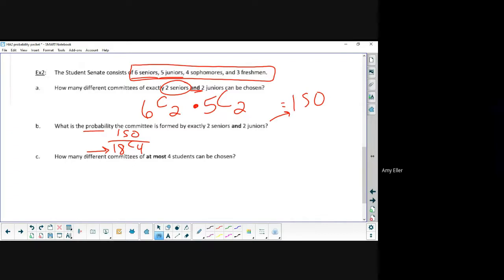Type that in and simplify. I get 5 over 102.